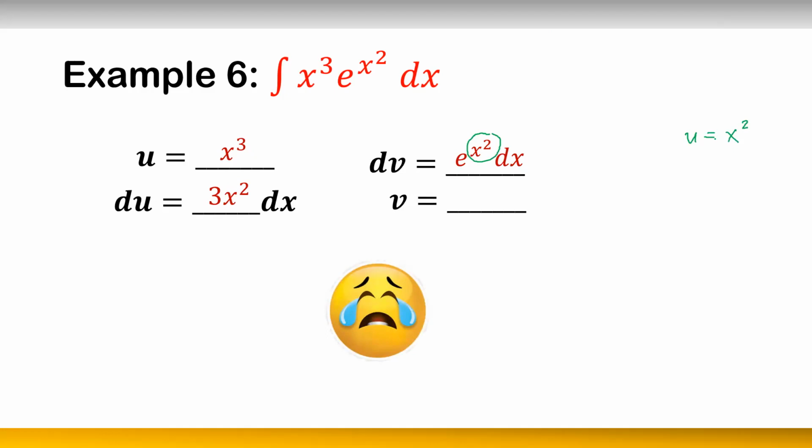Diba? Pag algebraic substitution, du is 2x dx. So, du over 2 is x dx. Yan. So, ibig sabihin, kailangan mo magkaroon ka ng x somewhere. So, uutang ka naman ng x dito kay x cube.